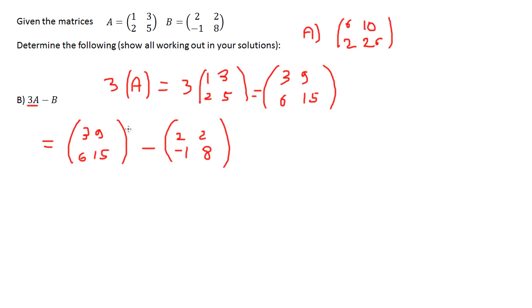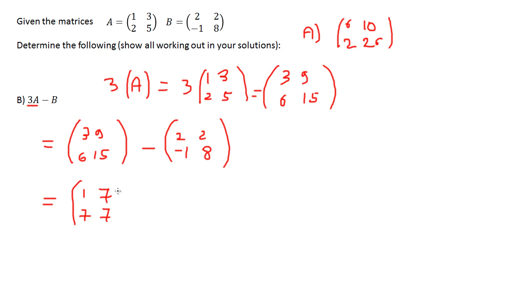They must have the same size for this to work. So 3 minus 2 will be 1. 9 minus 2 will be 7. 6 minus 1, which becomes a plus, will be 7 as well. And then 15 minus 8 will also be 7.